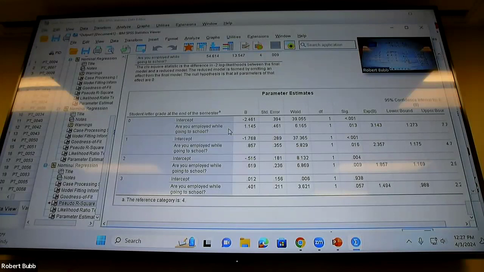So if we were looking at implementing some sort of programs to help support students, we would target maybe B and maybe just C students, to see if they can use additional help. If you're employed, you're going to have a harder time getting a better grade, right?